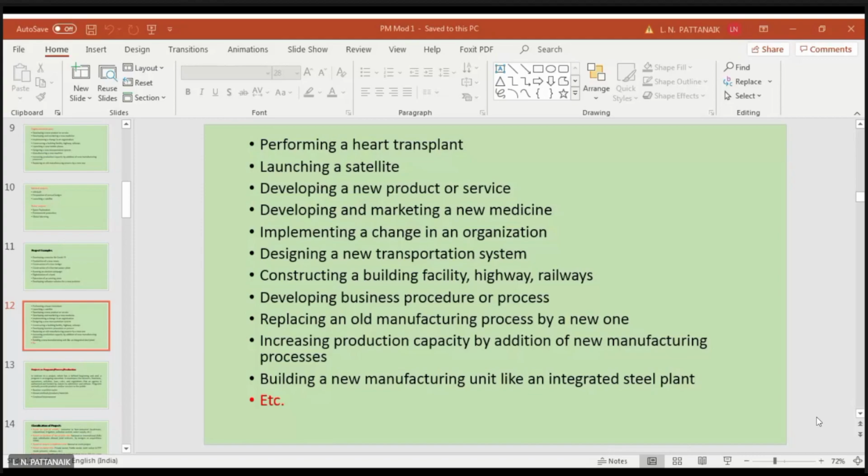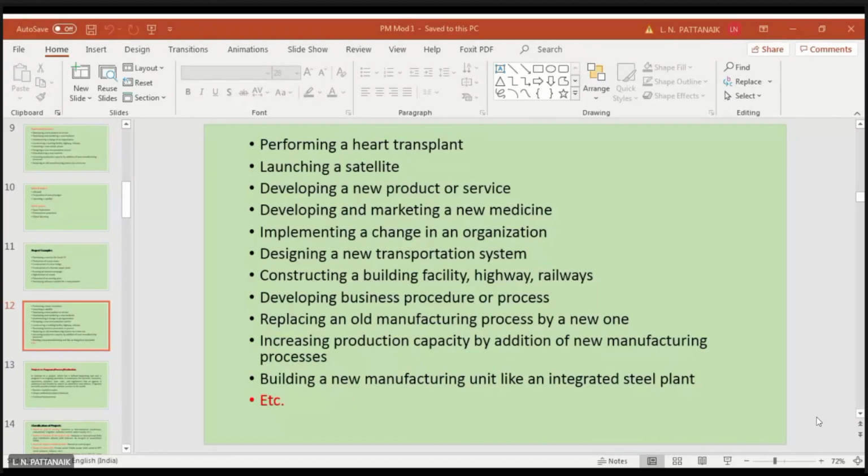And once it is completed and handed over, or inaugurated by a minister or chief guest, then onwards it works routinely. It becomes repetitive and a regular affair. So that becomes a program or a process, not a project. But until then, what you said is definitely a project.